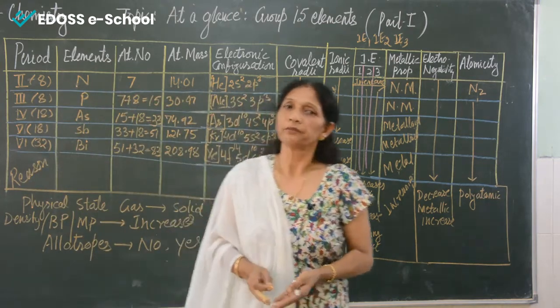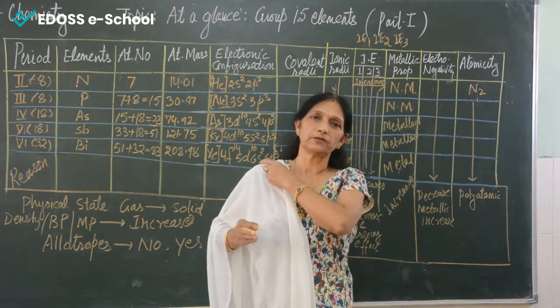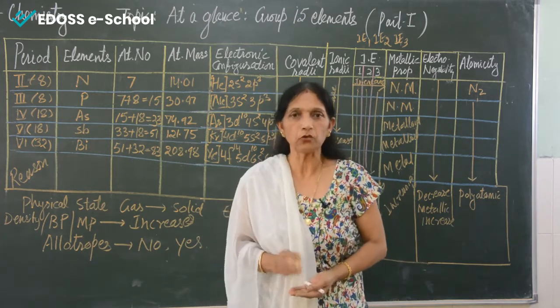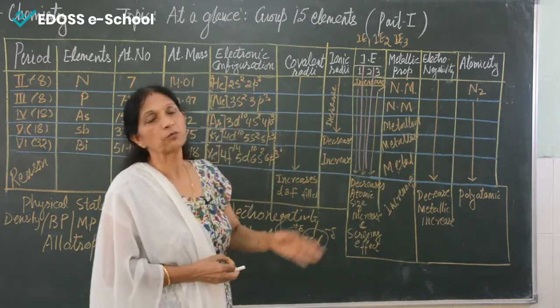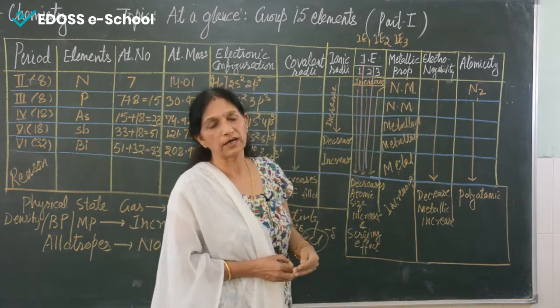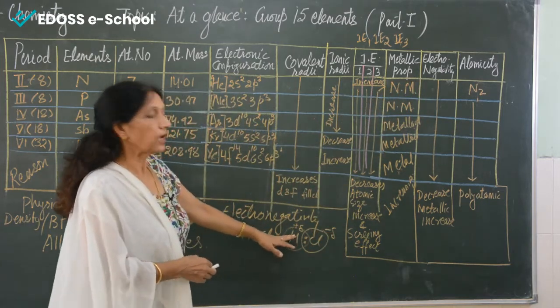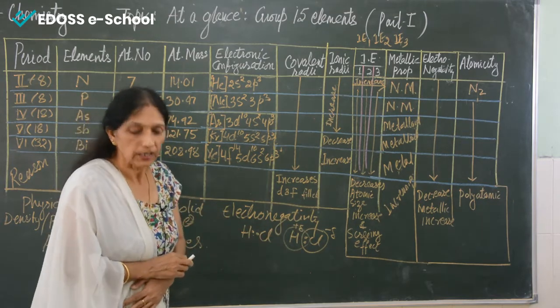It means when a pair is shared by the elements, when two elements share electrons and one of them attracts them more than the other, then it is said to be more electronegative than the other. So in this case we can say that hydrogen is less electronegative and Cl is more electronegative.